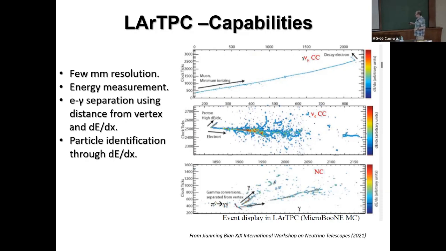So this is the case, since you can get this separation distance from the vertex that can be a hint to discriminate photons coming from pi zero decay from electron showers.